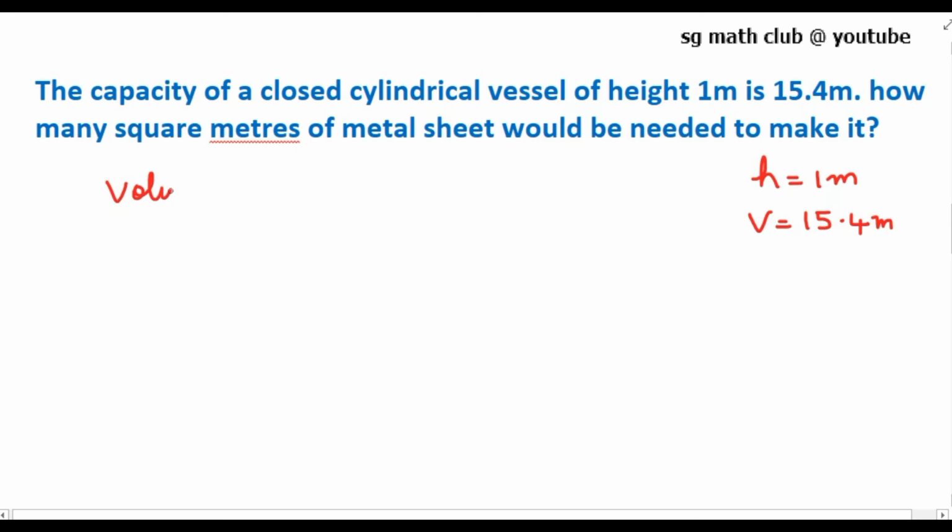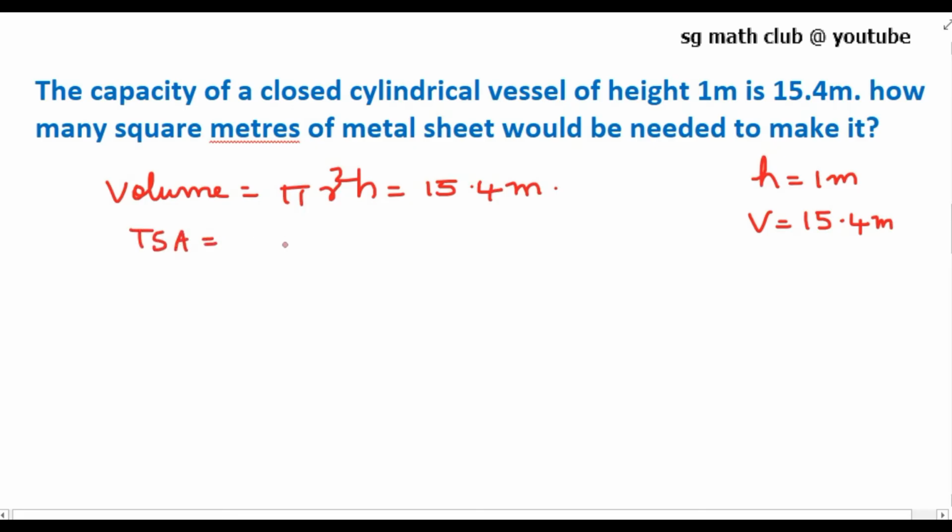That means volume is equal to pi r square h is equal to 15.4. Now we need to find how many square meters of metal sheet would be needed to make the cylindrical vessel. That means we need to find the total surface area of the cylinder.